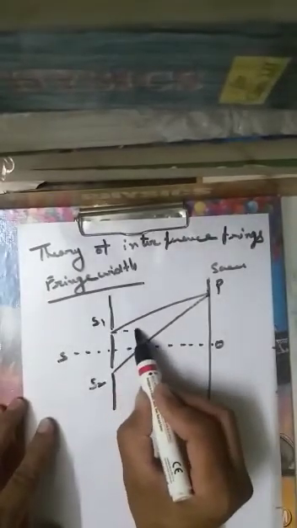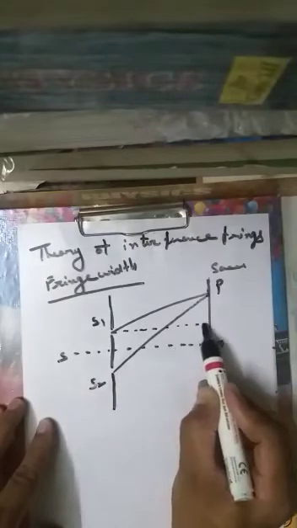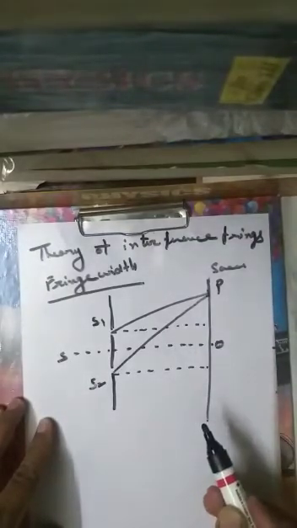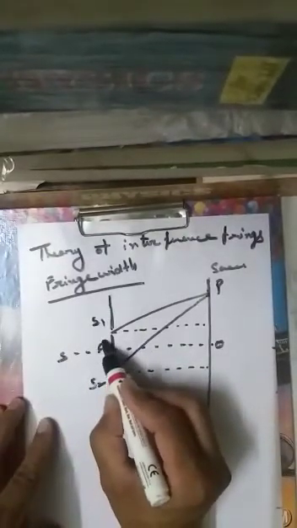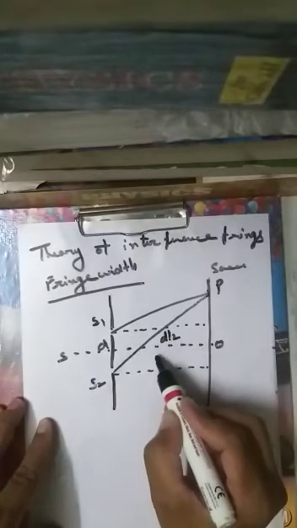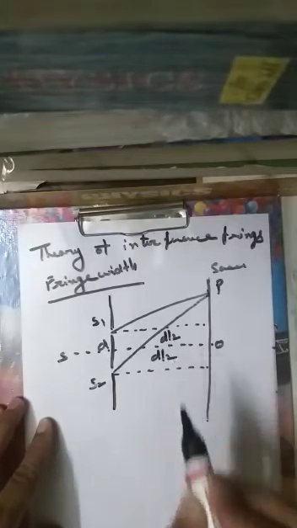The distance between the two slits is small d. So this distance is d by 2 and this distance is also d by 2.